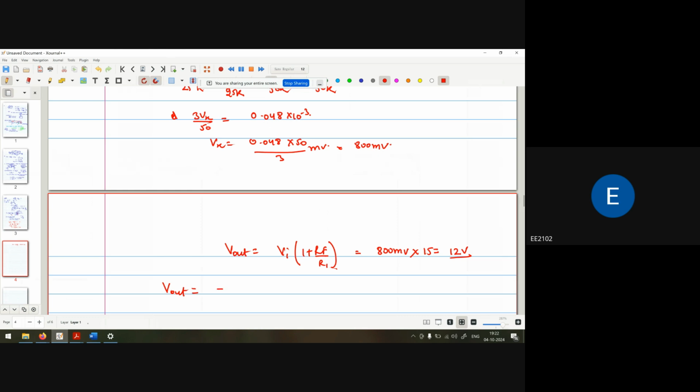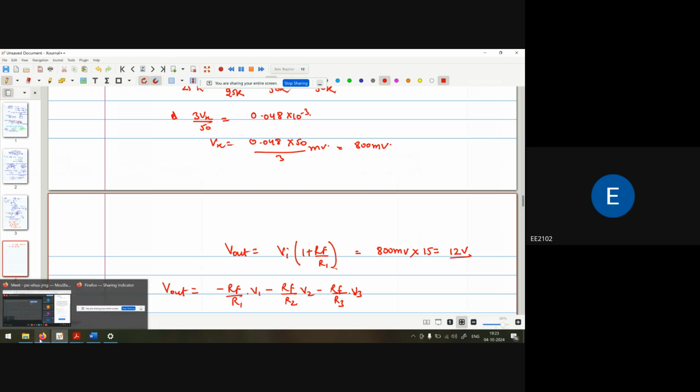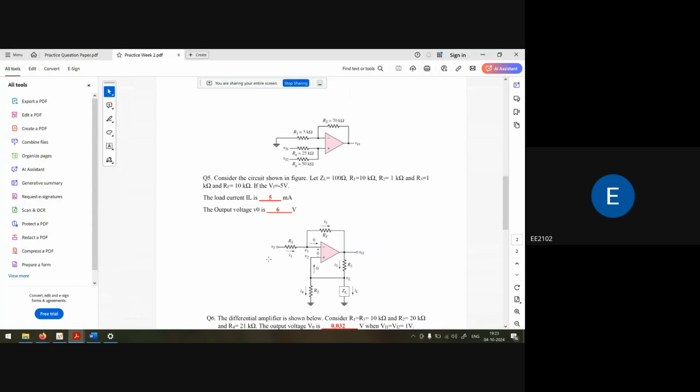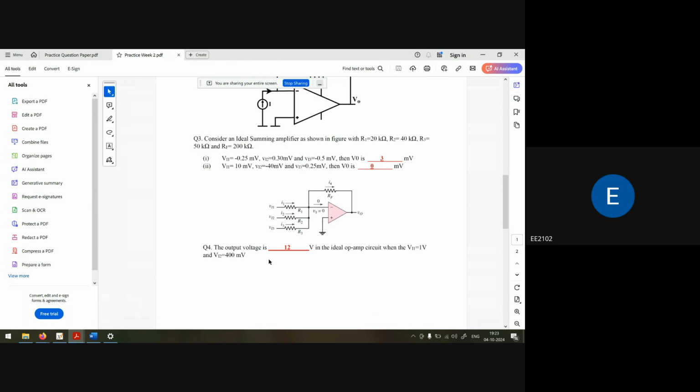Vout is equal to minus Rf by R1 into V1 minus Rf by R2 into V2 minus Rf by R3 into V3. Okay, now put all these values. So what are the values? 10, minus 40 and 0.25.